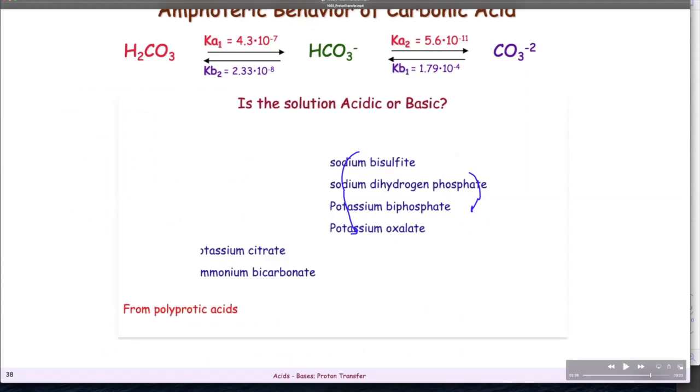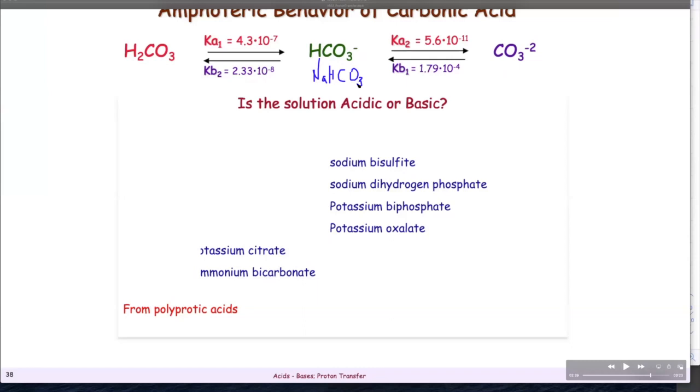So this is a problem. You guys should take a look at it. Let me clear this because we're running out of time. Okay, this is the example. So HCO3, if you put a sodium in front of HCO3, so we have NaHCO3, we have baking soda, sorry, not baking powder.